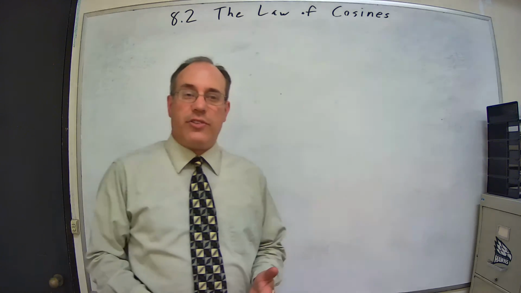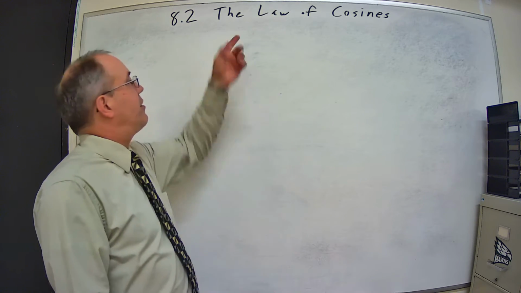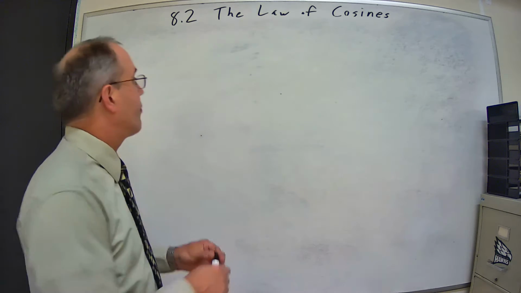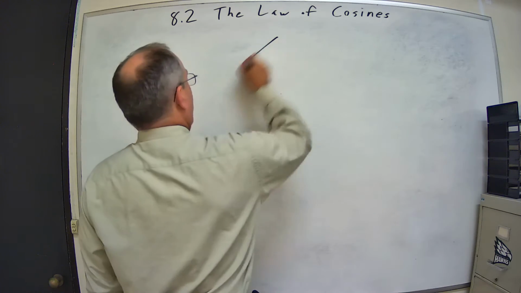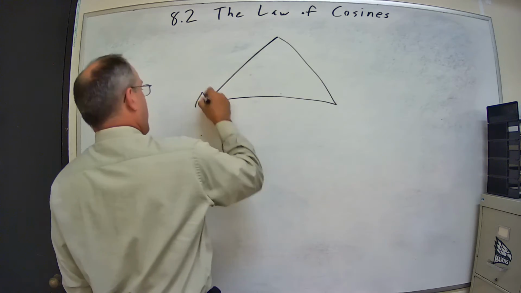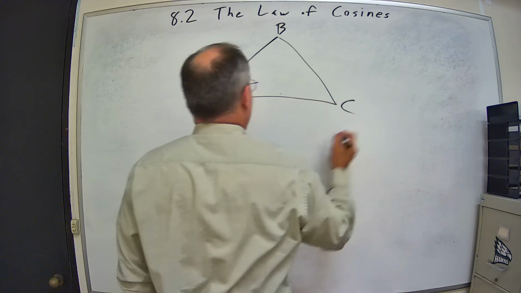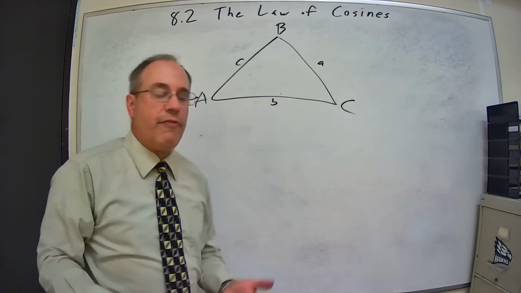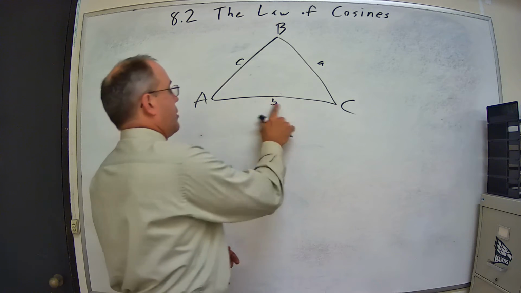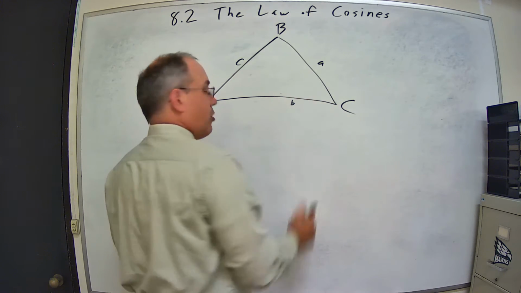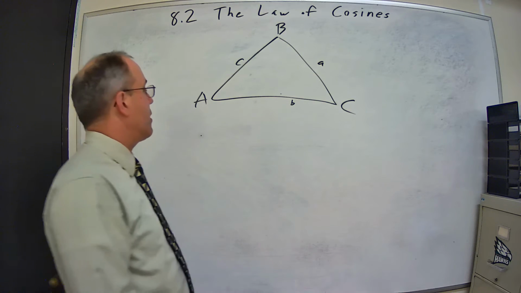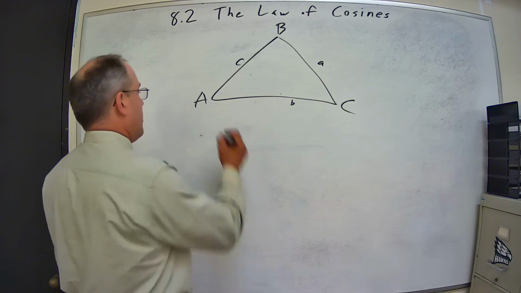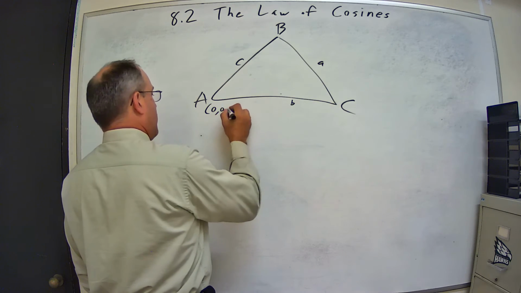Now that we have that determined, let's derive the law of cosines. So I'm going to start out with the standard triangle again, A, B, C. But I'm going to modify things a little bit. In fact, I'm going to move B over to the side just a little bit to make my life a little bit easier. Let's assume that A is at the origin.